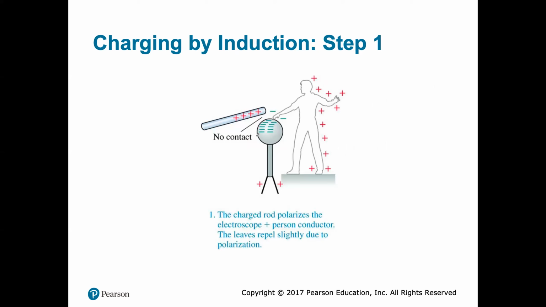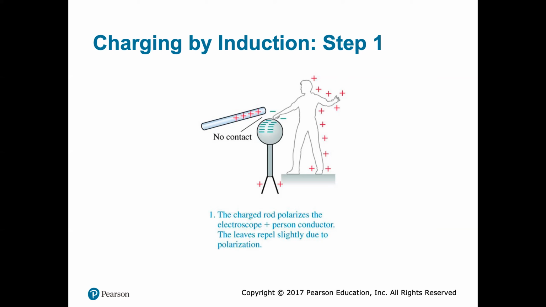Okay, here is one interesting experiment. First of all, as we discussed, let's use a positively charged rod to get closer to the electroscope. Then the head of the electroscope will be negatively charged and the leaves will be positive.